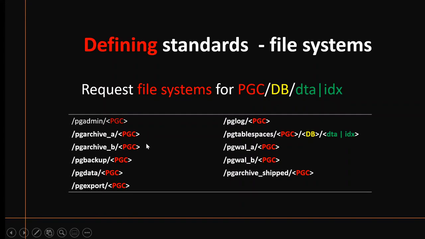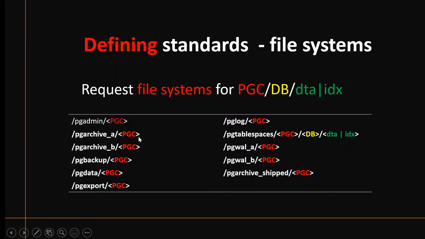We keep it with a tool in sync with this location so that we have a second set of archived WAL files. The database will write the WAL files in a circular fashion in pgwal A. We keep that in sync with a tool to file system pgwal B.